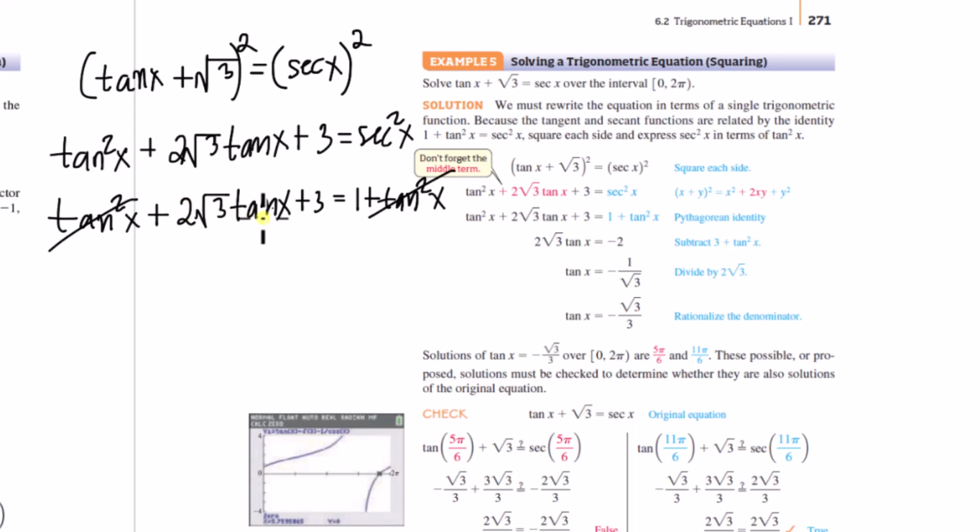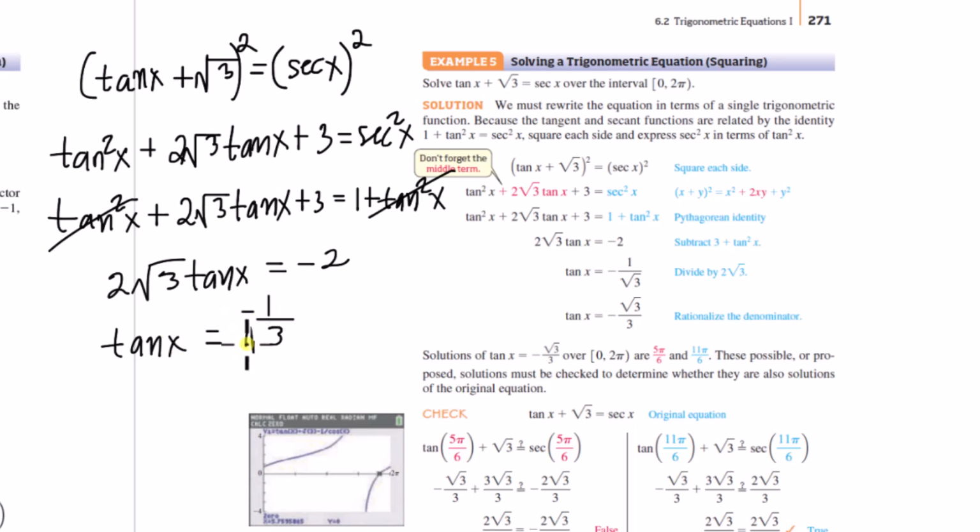And so, okay, that's great. Now we're going to be able to solve it. So 2 root 3 tangent x plus 3 is equal to 1. Subtract 3 from both sides, and you get this is equal to minus 2. So tangent x is equal to minus 1 over root 3. That's minus root 3 over 3.